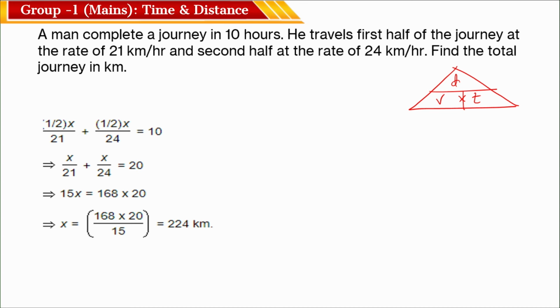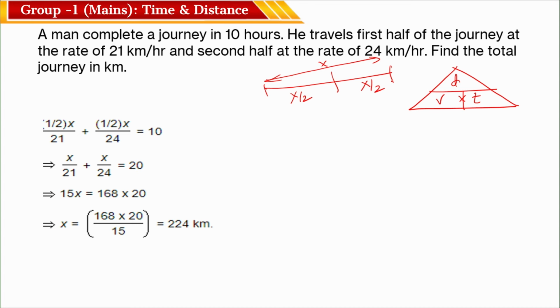Here the total distance travelled by him is not known, say for example it is x. Half of it means x by 2, and the remaining is x by 2.